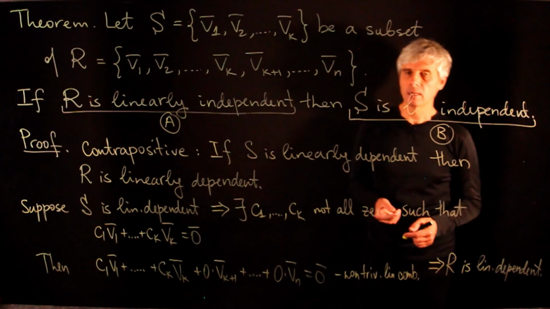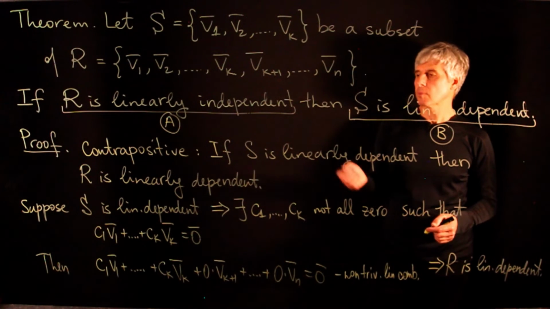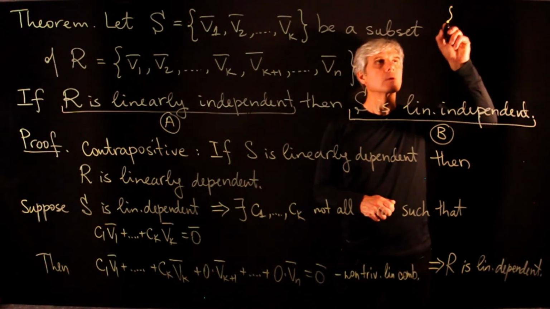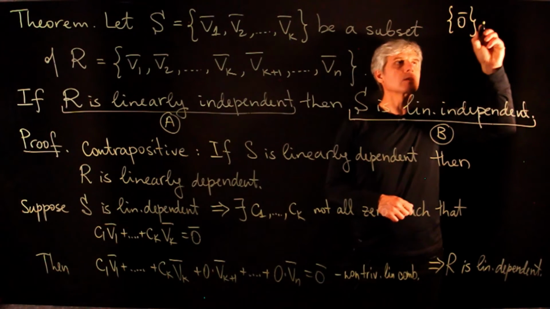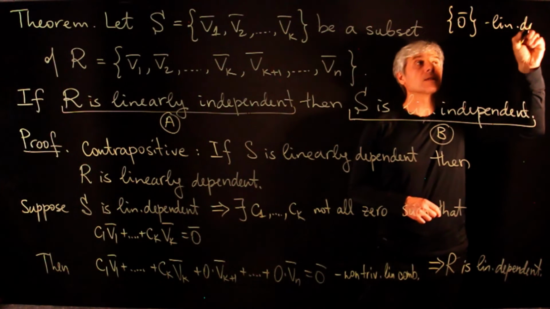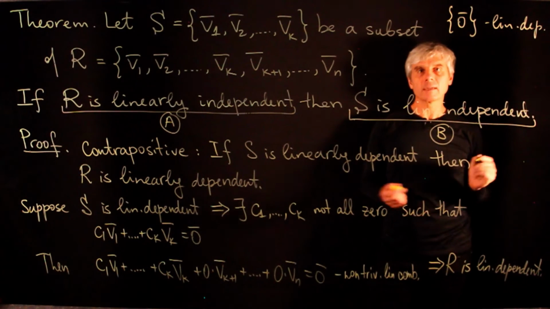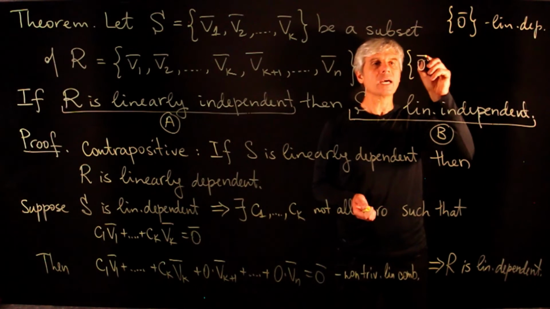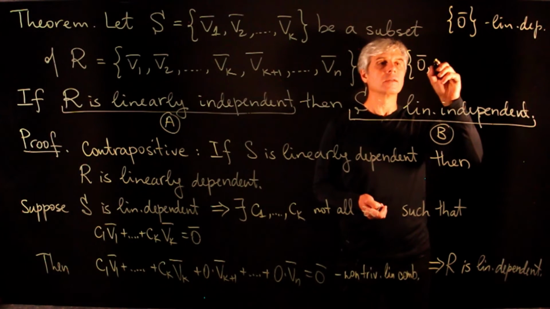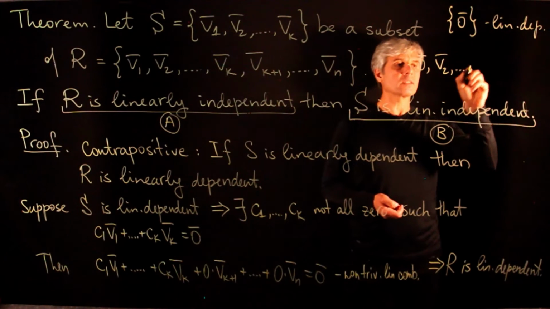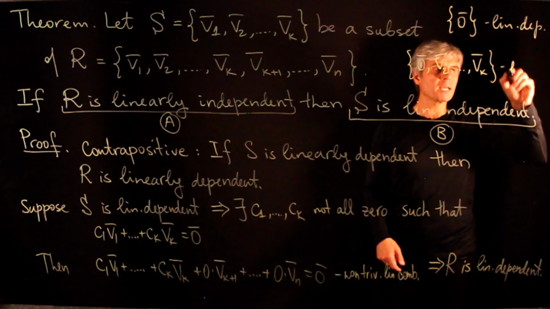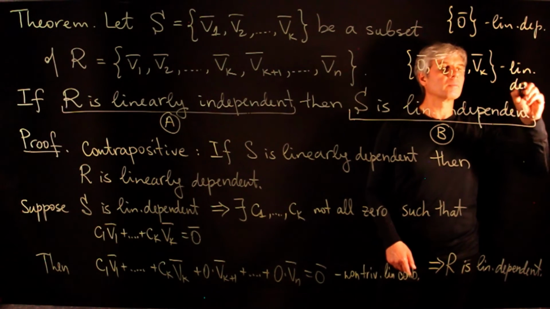Now, let's apply this to sets with one or two vectors. We know that a set with a 0 vector is linearly dependent. And if we enlarge this set, so if we have any set that contains a 0 vector, then by this theorem, it's automatically linearly dependent.